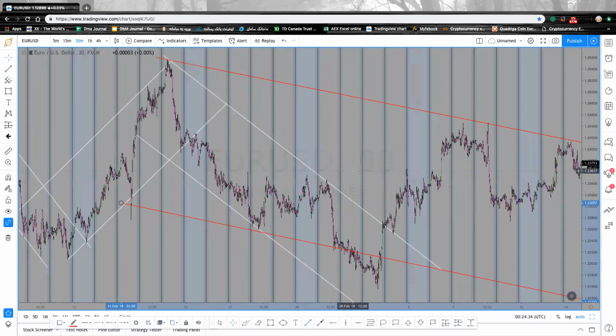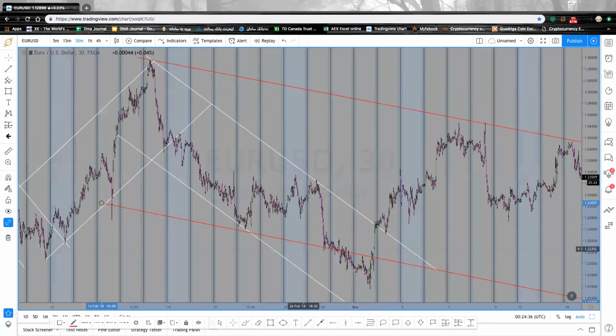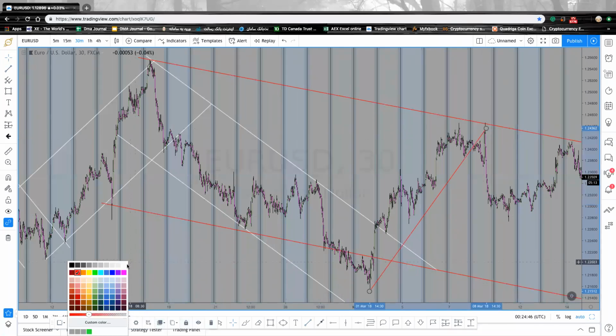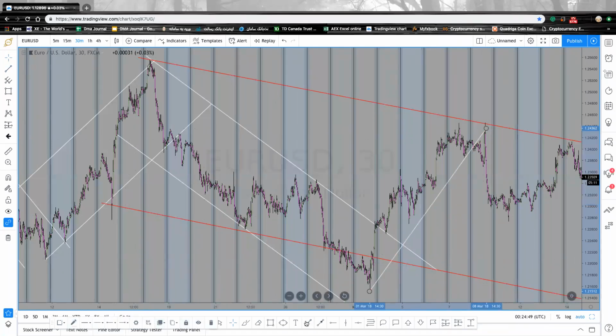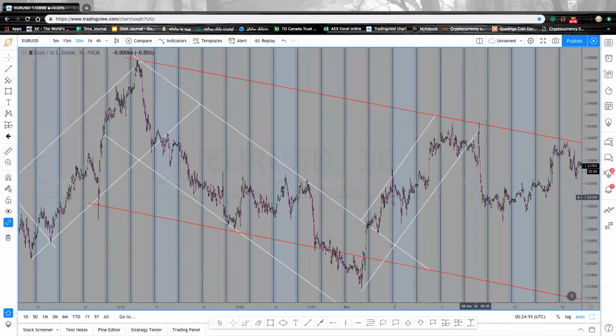So they induce you to buy so they can sell it off. Again, they induce you to buy. Let me change the color, same thing like this one. Again, they induce you to buy here, just to sell it off.